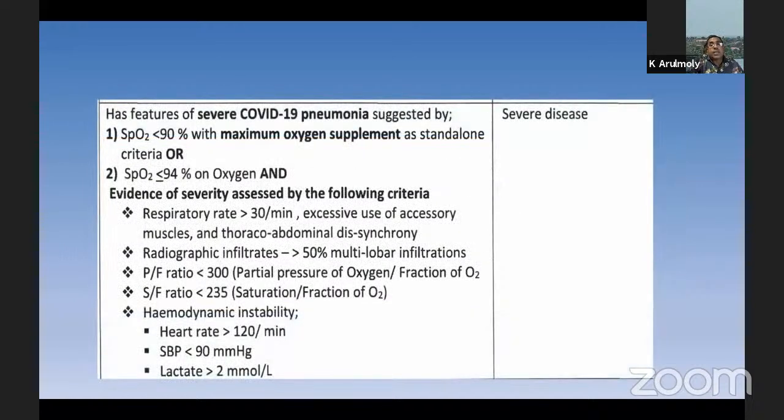All these classifications are in our health ministry guideline, and you can go through them. So it's a severe disease, as you know. I'd like to remind you: saturation less than 94, and other signs or symptoms, respiratory rate above the cutoff, radiographic infiltrates, PF ratio, SF ratio, and hemodynamic instability.